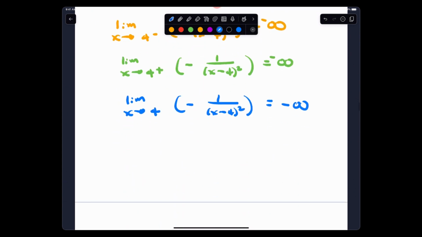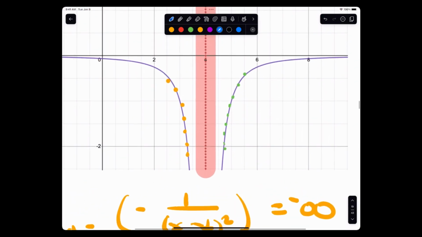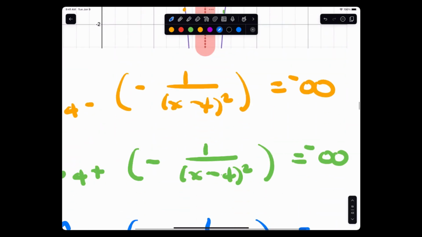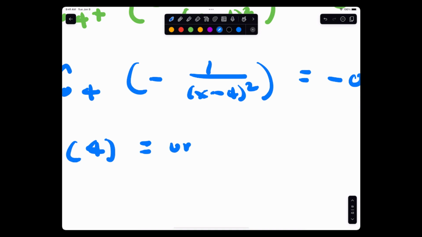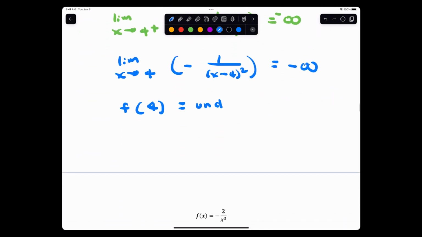So what if they said, can you tell me what's the value of this function at 4? Well, what do you guys know? What's always the case for the values of functions at the vertical asymptote? Undefined. So one is an approach. The other is at the location. Let's see if you're really awake.